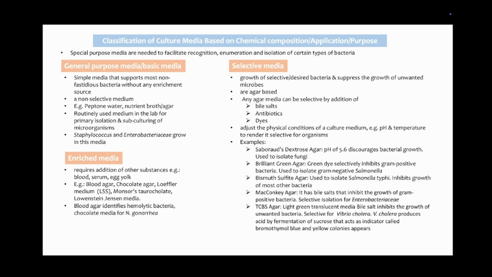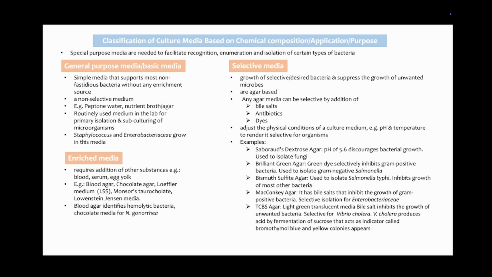So you can see that the pH here selects for marine bacteria. So in most of the media that you use that give out different colors, you have to know what are the components that make them selective and what are the components that make them differential.